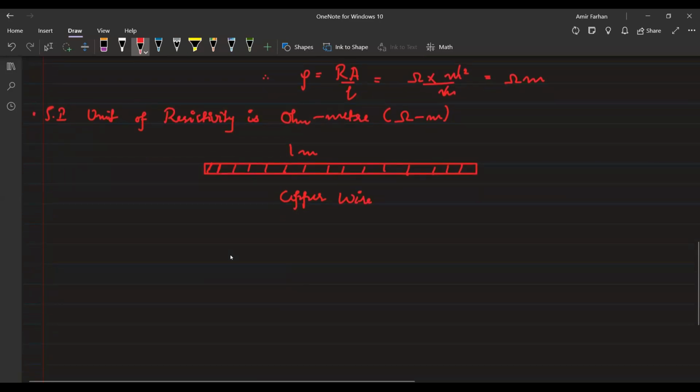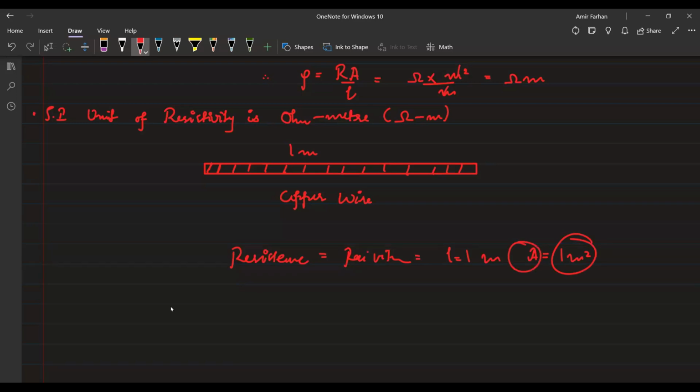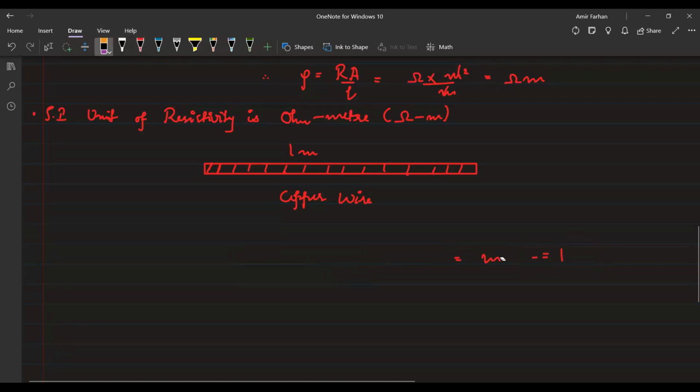Resistance will become equal to resistivity when the length of the conductor is 1 meter and the area is 1 meter square. Clear? Resistivity of a substance will not change if you increase or decrease the length or the cross-section area. It will change when you change the material.